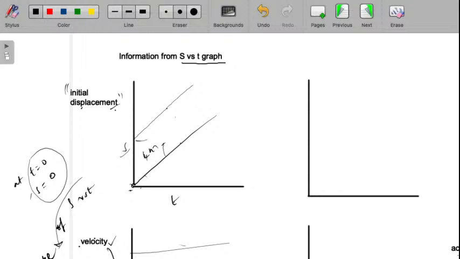As we know, the slope of dv by dt is your acceleration, or we could say the curvature of s versus t is your acceleration, which means if I have the displacement going like this, I would say that the curvature is positive. So in this case, what can I say, guys? The acceleration is positive.